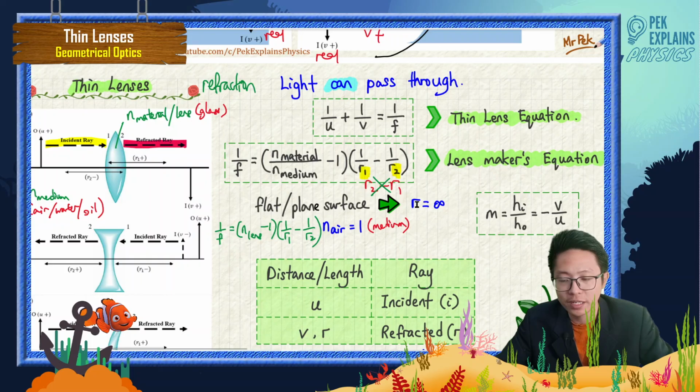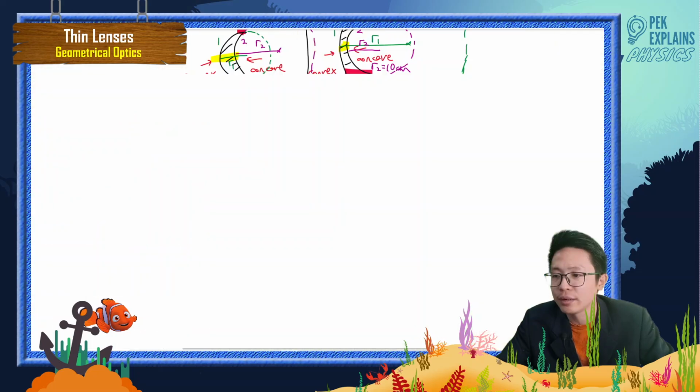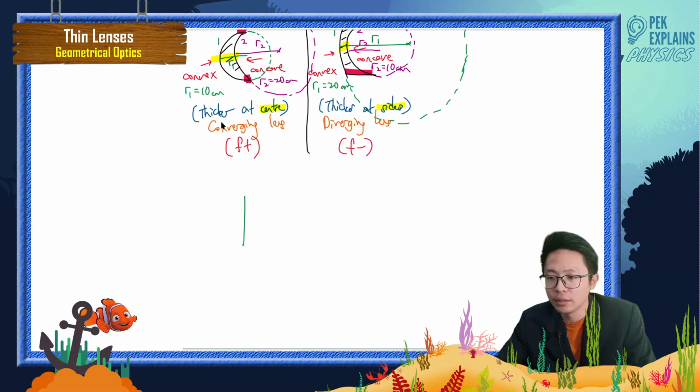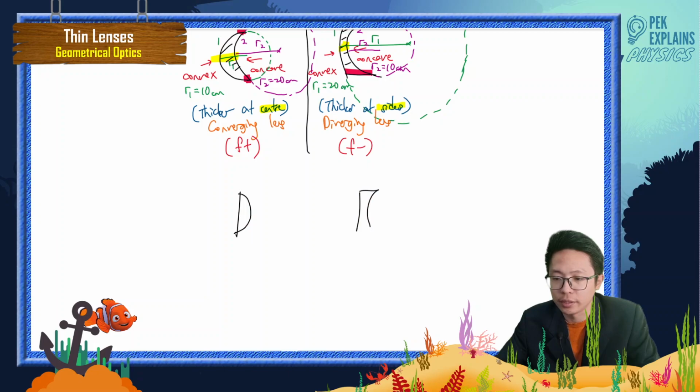That means sometimes I have another type of mirror. We call it plano-convex or plano-concave. This is plano-convex.